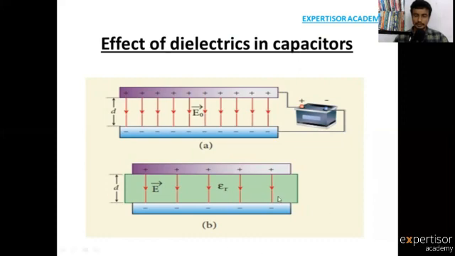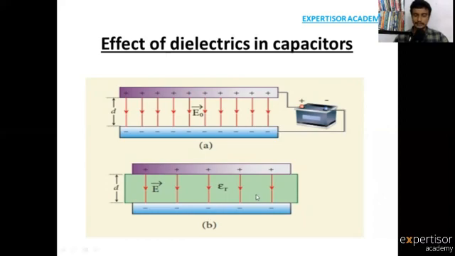So relative permittivity, that is epsilon r, is the ratio of the permittivity of the material and the permittivity of the free space.